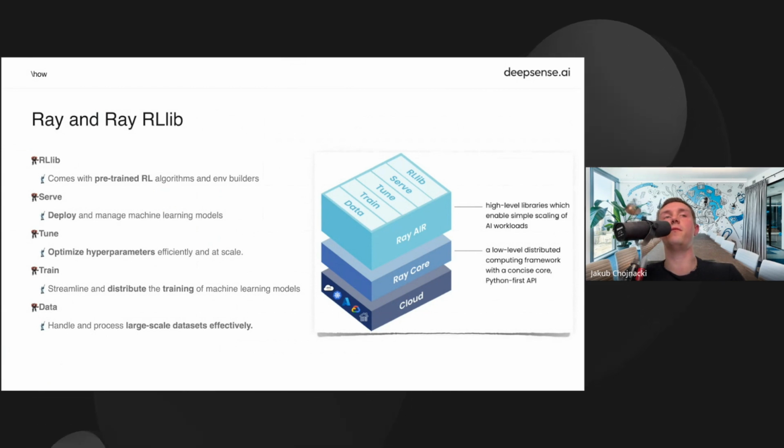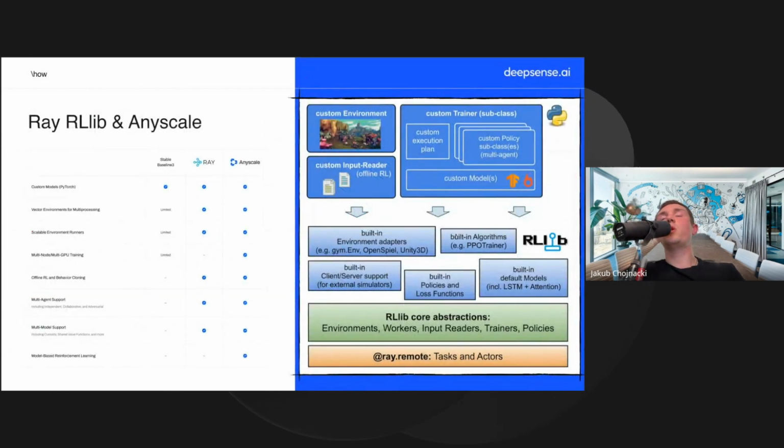These are pre-built. Of course, we can train our machine learning workload, and we have a pretty strong and effective handler for large-scale datasets, which are pretty important for behavioral cloning or any kind of RL in an offline setting. And to top that off, we can also pretty easily scale with Anyscale, because Anyscale is basically the owner of Ray RLlib.